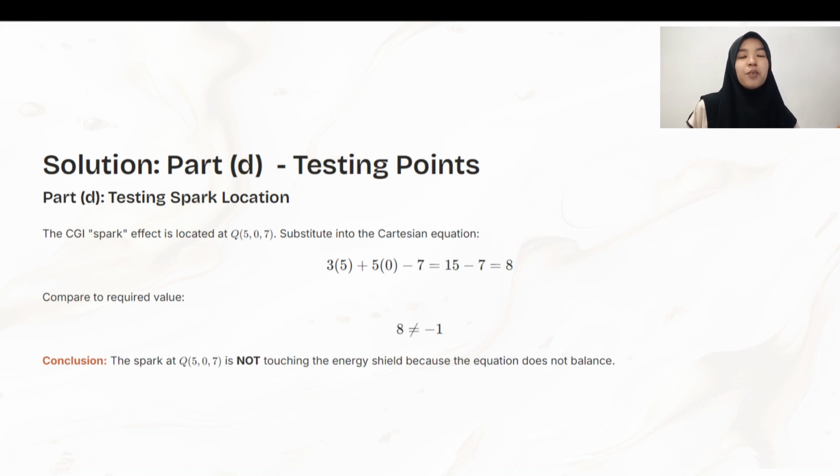When we compare the required value from part C, 8 is not equal to -1. So the conclusion is the spark at coordinate Q (5, 0, 7) is not touching the energy sheet because the equation does not balance. Which means the location of Q is not on any surface of the energy shield because the value is not equal to -1.